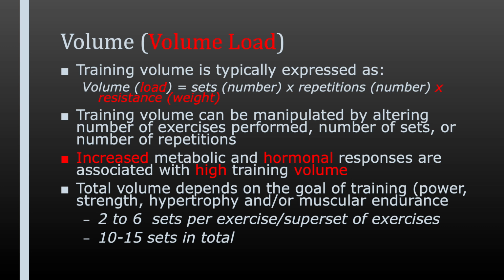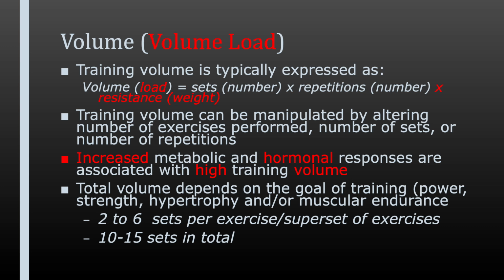Training volume is the summation of total number of sets and repetitions performed during a workout. So training volume can be manipulated by changing the number of exercises performed per session, the number of repetitions per set, and the number of sets per exercise. Again, an inverse relationship exists between the number of sets and the number of exercises performed in a workout, as well as the volume and intensity.